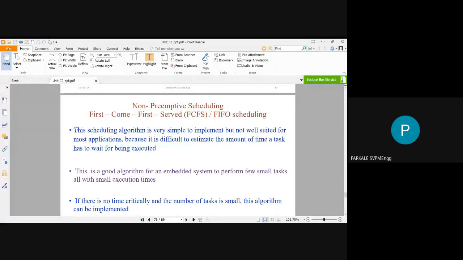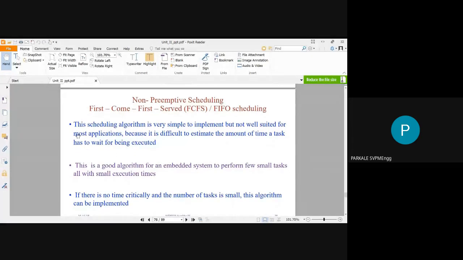So this scheduling algorithm is very simple to implement. This is the advantage. There is a question: what are the different advantages of the first come first serve scheduling algorithm? The first advantage is that this scheduling algorithm is very simple to implement.